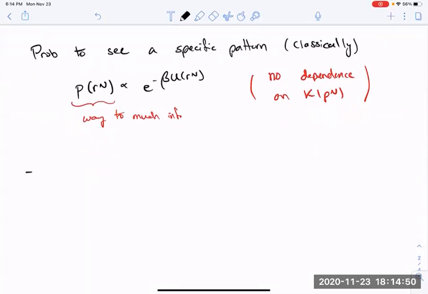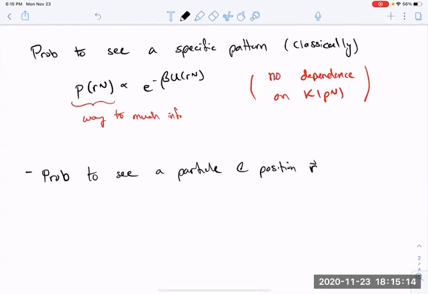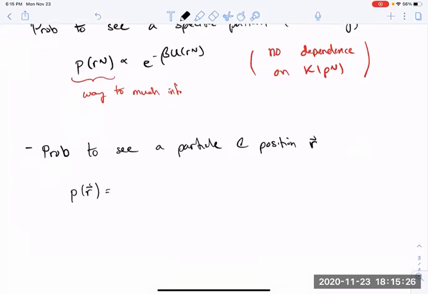We could try to go down all the way to a one particle quantity. We could ask a question, what's the probability to see a specific particle at a specific point in space? Let's denote that little p of r vector. Well, how can we write that down? A way to denote probabilities is to introduce a binary variable that we average.